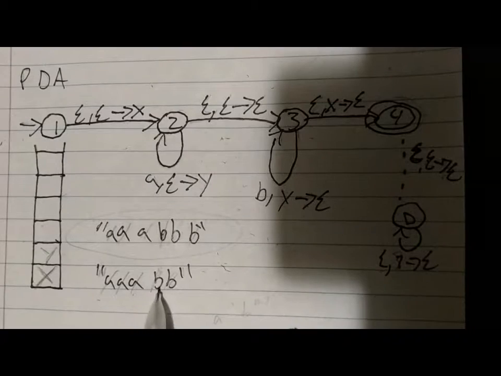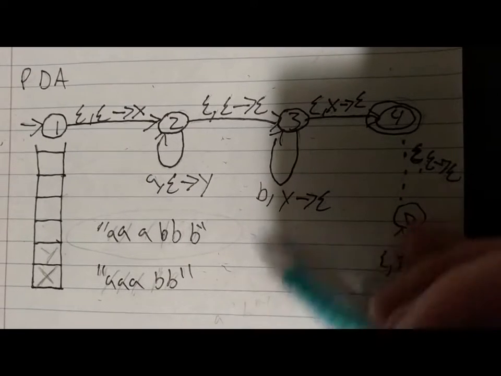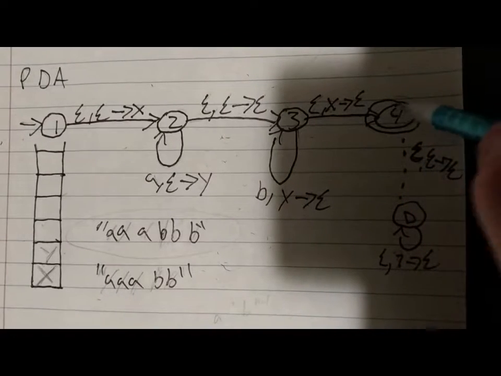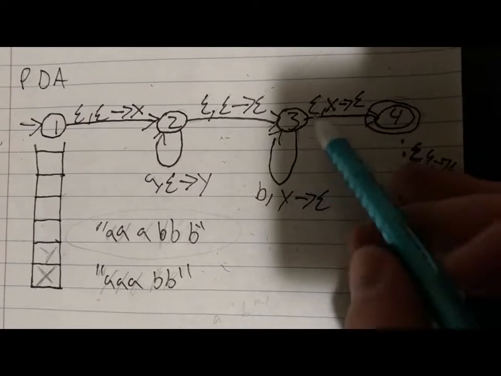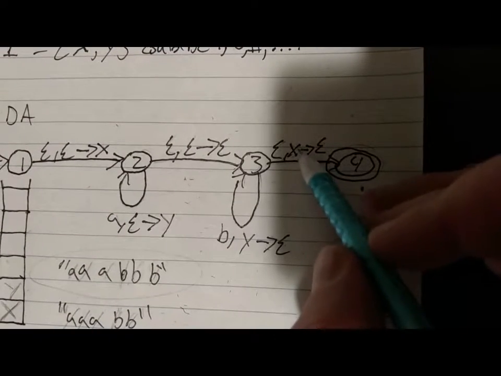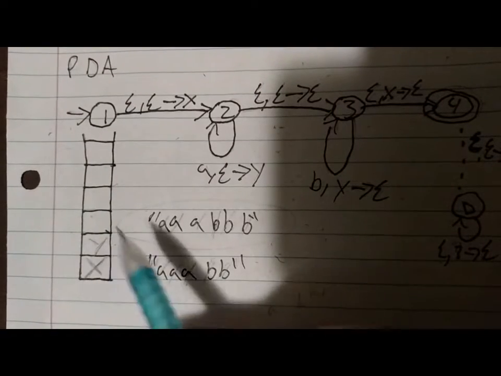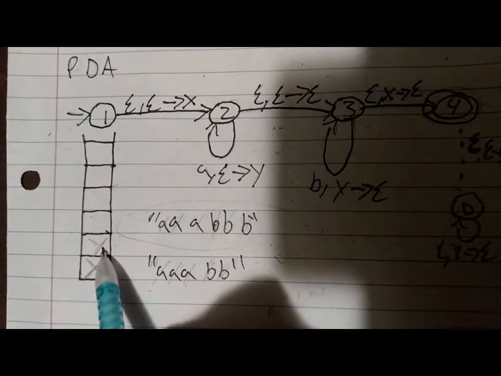Now we have no more input characters or symbols, so we have no other choice other than to epsilon into our accepting state. So we take our epsilon transition, but we do have to make sure if and only if X is at the top of our stack. So we check our stack, or our memory, and Y is at the top of our stack.